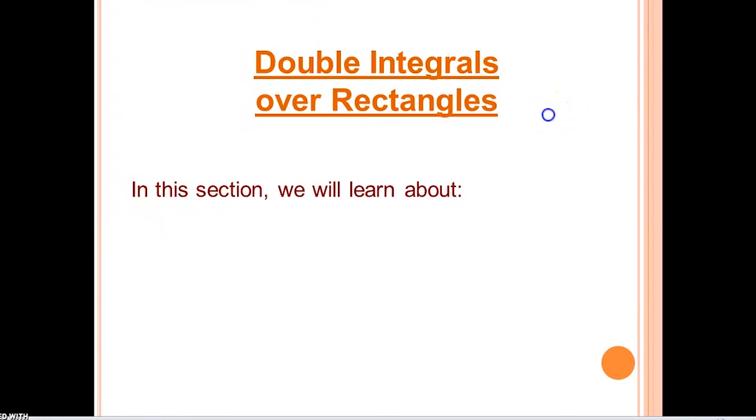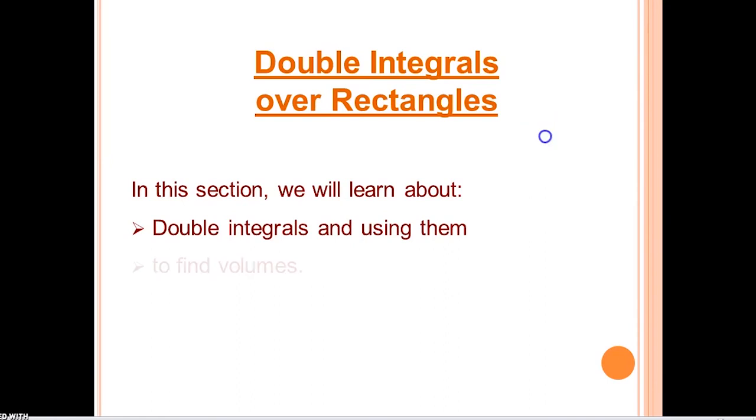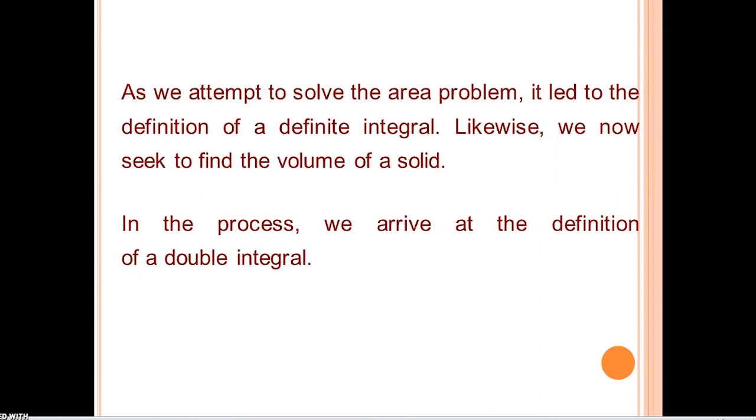In this section we are going to learn about double integrals and how to use them to find volumes. We have just seen that the area problem leads to the definition of the definite integral, which is nothing but the limit of a sum. In a similar way, we now seek to find the volume of a solid, and that will give us the definition of the double integral. So in this process of finding the volume of a solid, we are going to arrive at the definition of the double integral.